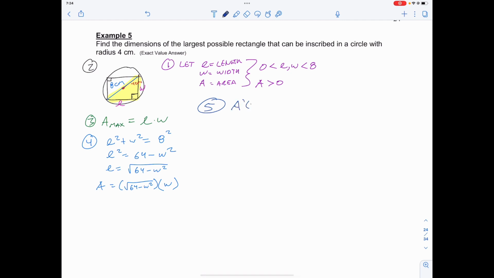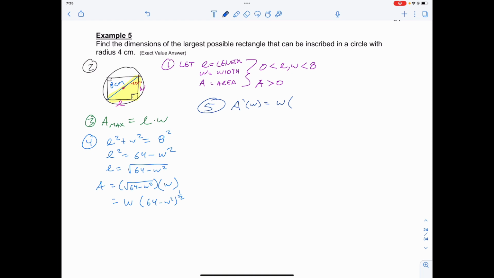A prime of W is going to equal the W times, when I derive that, I'm going to think of it in terms of the width, and 64 minus W squared to the 1/2.